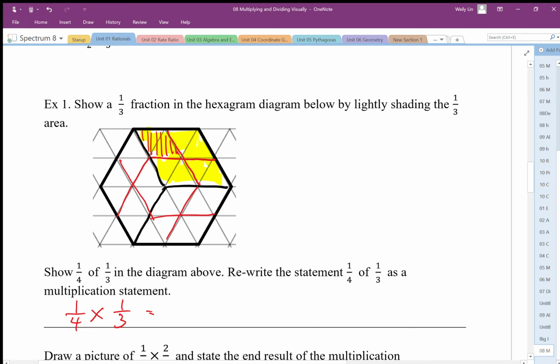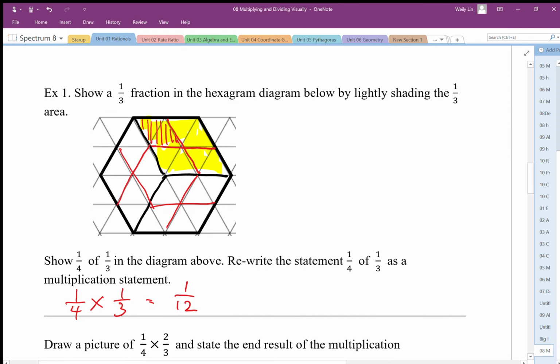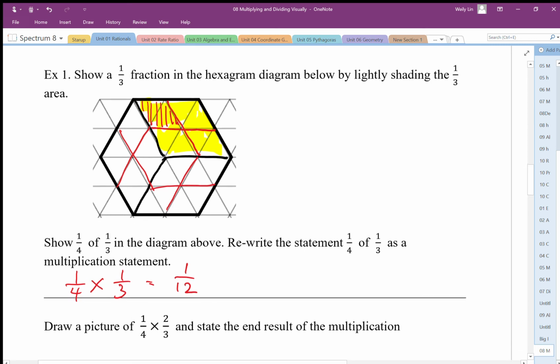So it's going to be 1 out of 12 pieces. And again, our top times top, bottom times bottom seems to work in this case. Clearly our picture doesn't lie. We want to make sure that we rely on our picture, because the picture is the best way to do math. It's the most reliable because pictures don't lie.